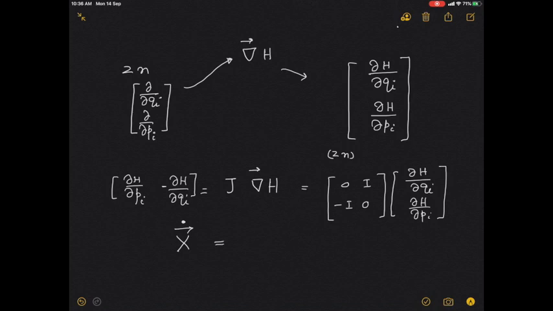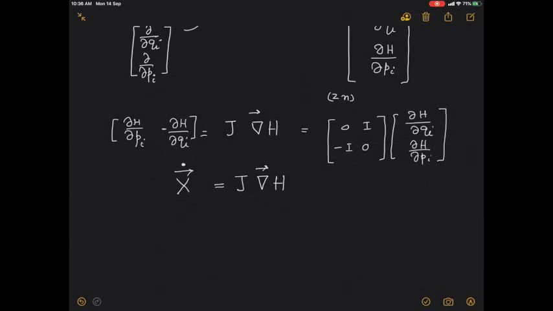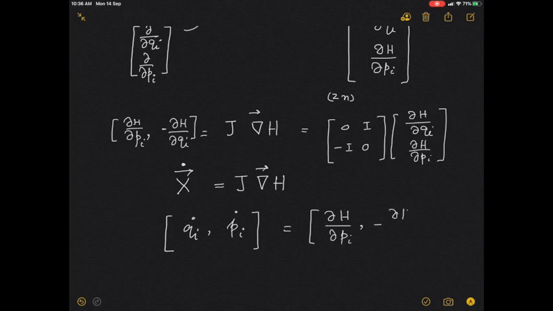Now let's check. If I have this x, and I write x dot equals J gradient H, then let's see what I get. So x is Qi dot, Pi dot, its derivative is that, and the right hand side is del H del Pi, minus del H del Qi.